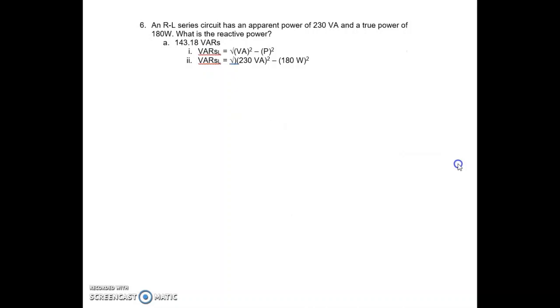Number 6. A resistive inductive series circuit has an apparent power of 230 volt amps and a true power of 180 watts. What is the reactive power? That formula is shown here. I'm going to rewrite it for clarity.